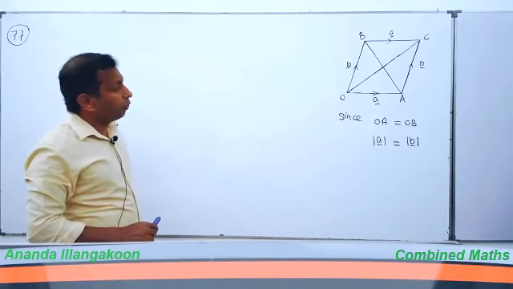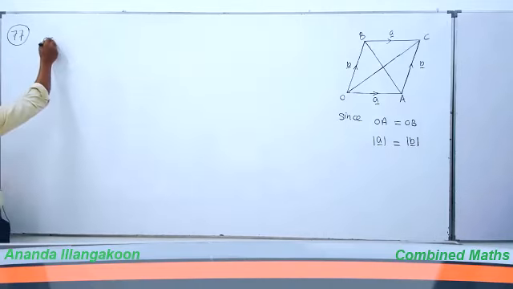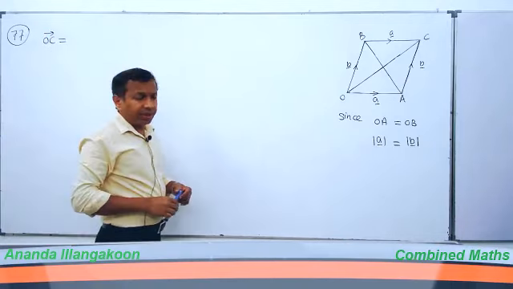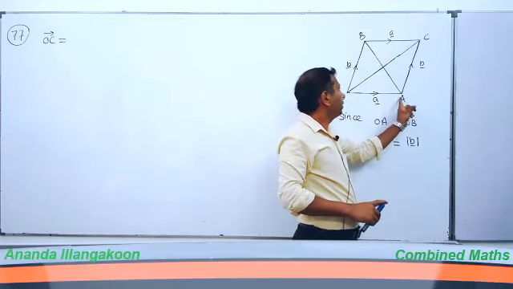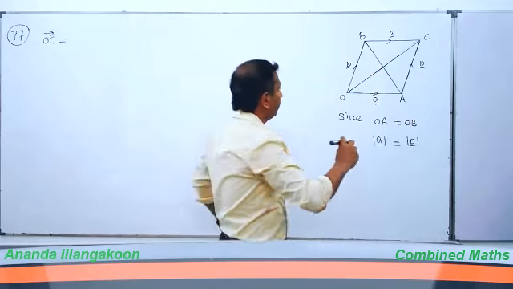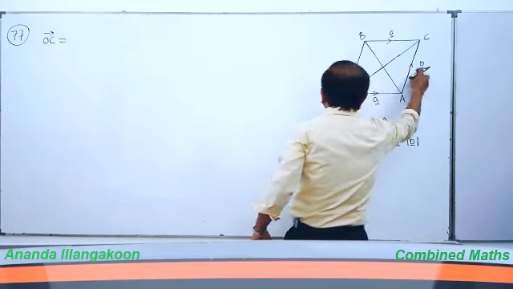Then for this, what I do is, people, I first write OC vector. How to write OC vector? By the triangle law of vector addition, OC vector I can write as OA plus AC. OA plus AC is OC vector. That means A vector plus B vector.